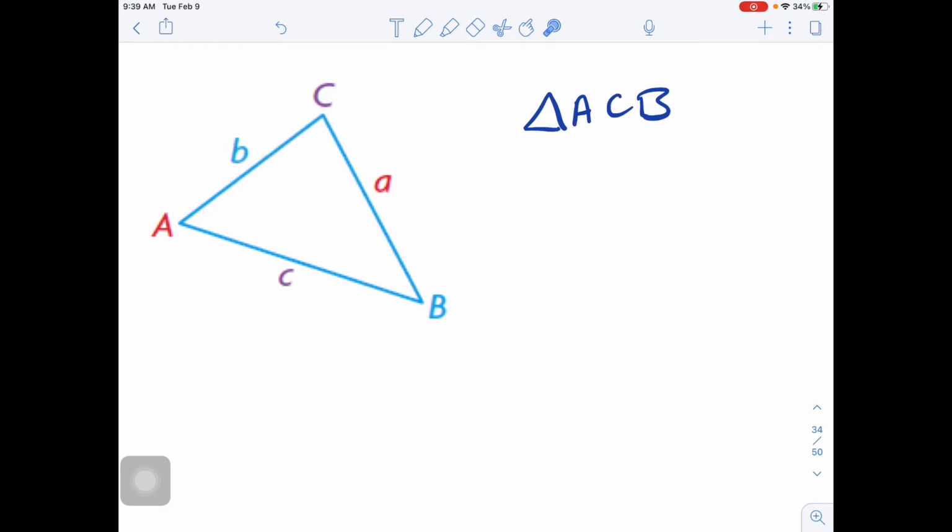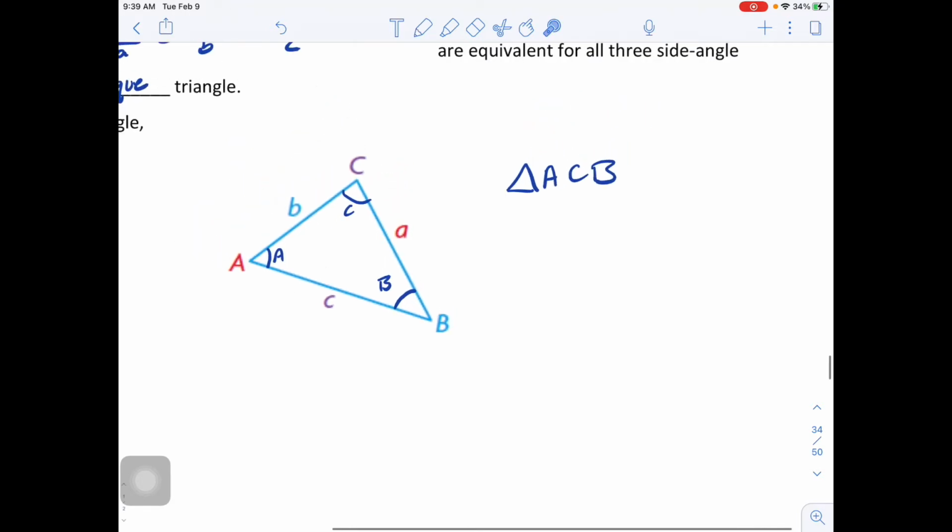Recognize that we have the angles notated as the capital letter of the opposing leg. So here's angle B, and it is opposite to little b. Here is angle C, and it is opposite to little c. Here is angle A, and it is opposite to little a. So you want to get used to always notating it like this.